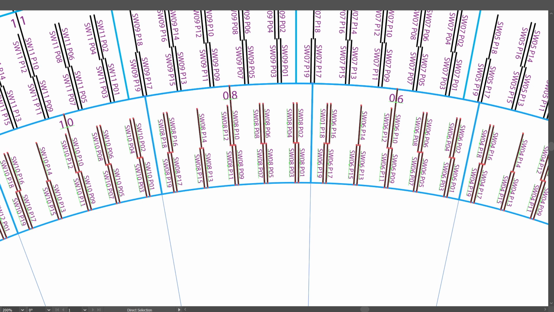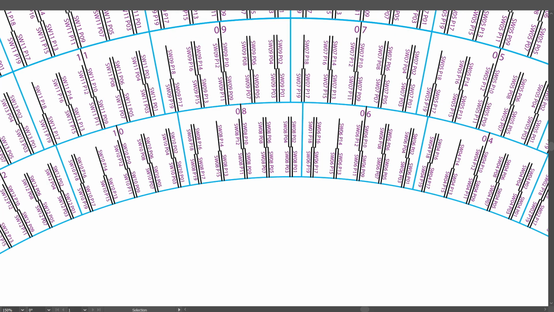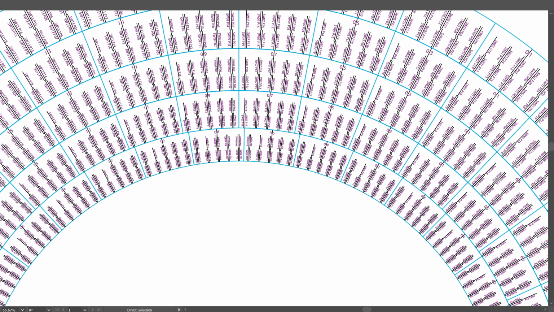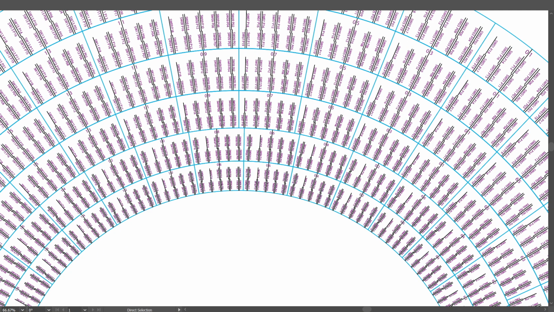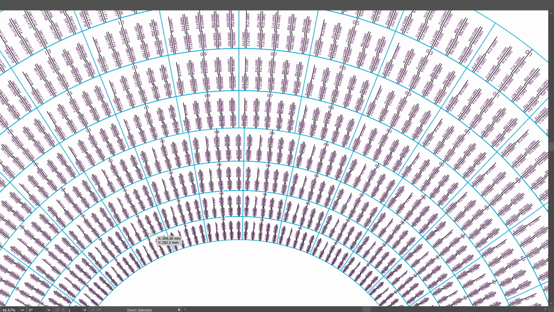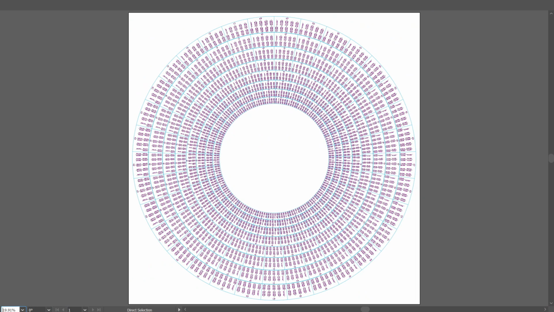Captain, fifth ring rotated as instructed. Very good. Lieutenant Loom, copy the fifth ring 3 times and place those rings to the inside of the 5 rings. Aye, Captain. Captain, all 8 rings in place as instructed. Okay, very good.